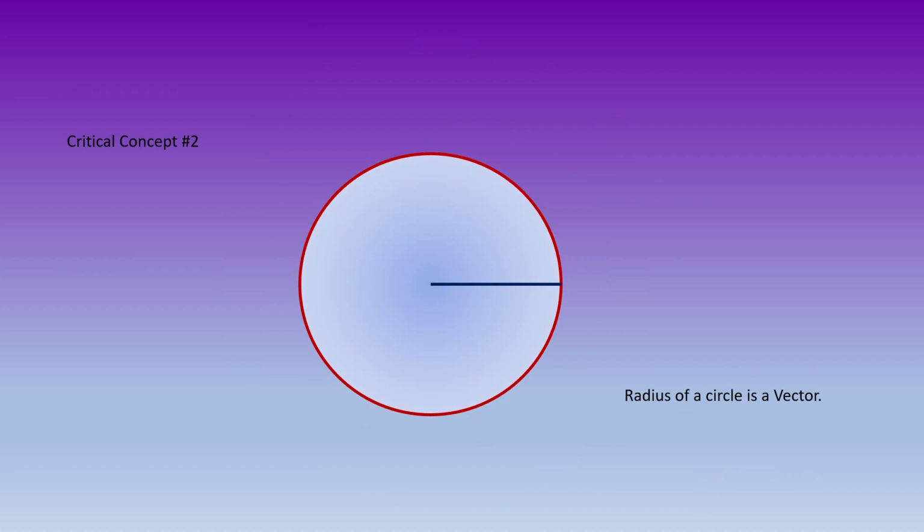Let's move on. Critical concept number 2. We touched on it in critical concept number 1. The radius of a circle is a vector. Simple geometry, but most leave out that the radius is actually a vector. See, you've all heard of Gann angles. I mean, they're everywhere.